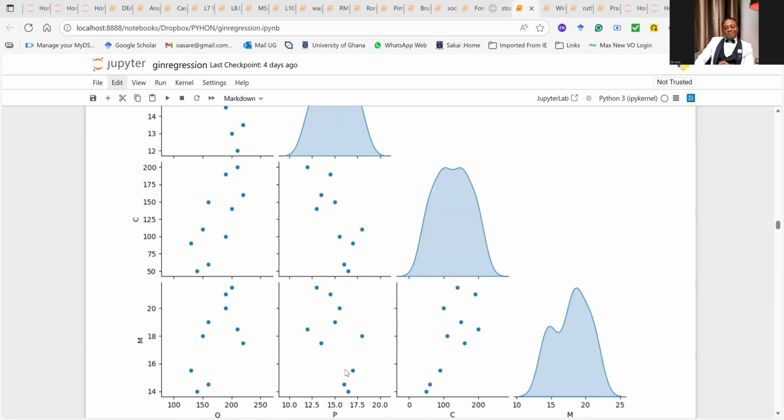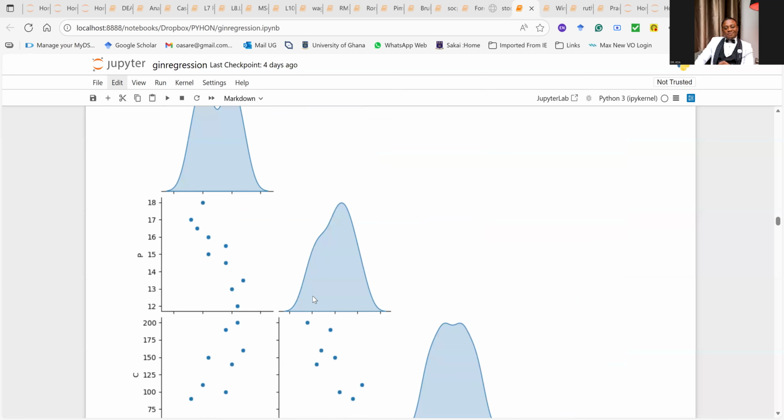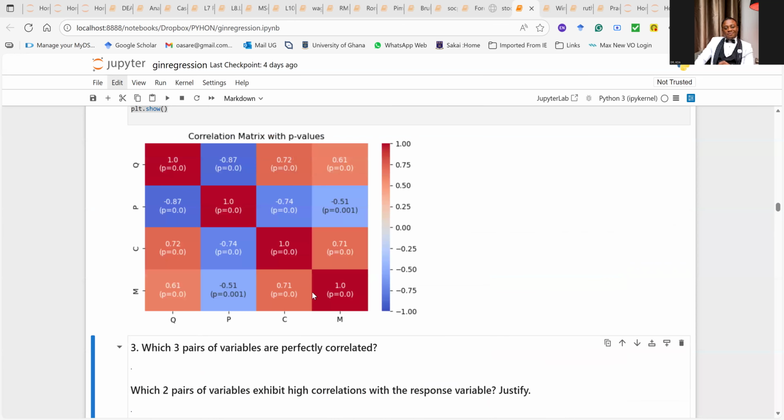There's a scatter plot matrix that you look at at the appropriate time. But the most important thing is knowing, understanding and explaining. Now, if you want to check whether each of these correlations is significant, what do you use?